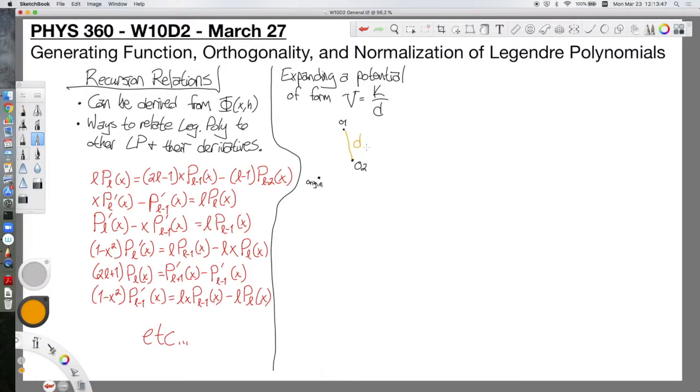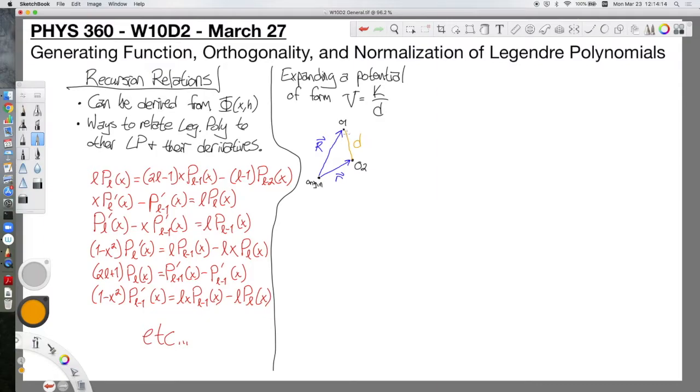We're all big boys and girls and physicists or mathematicians, so we're not afraid of vectors, and we're going to define this distance d in terms of vectors. I'm going to call the vector displacement of object 1 from the origin big R, and the vector displacement of object O2 from the origin little r.